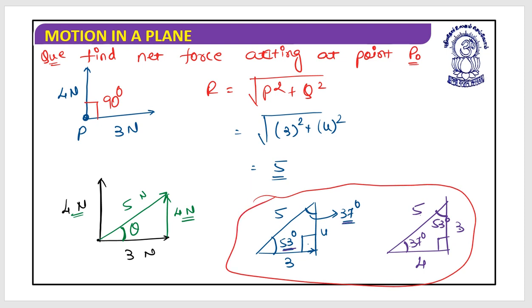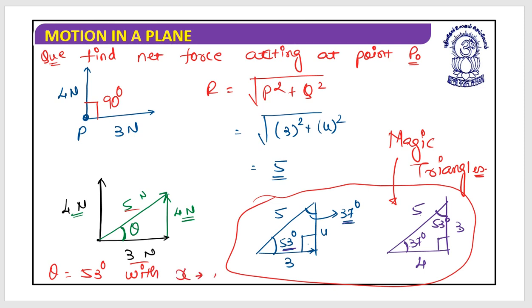I hope this is clear. Yes, these are the magic triangles, and this magic is to be done by you people as well. So this theta is the angle between 3 and 5. So this theta would be equal to 53 degree with the x axis.